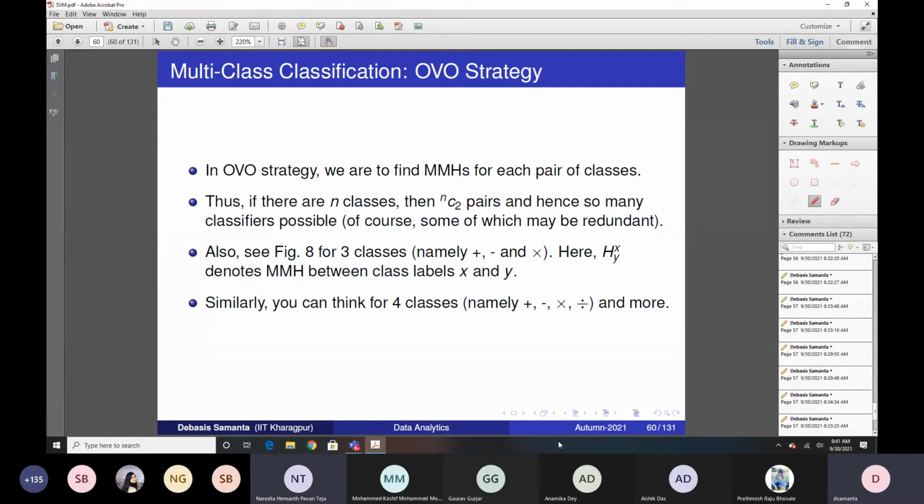For example, delta 1x gives a positive value, and delta 2x and delta 3x both give negative values. If delta 1x gives a positive value, then you can say this is the positive class, and the others will say this should not be considered, negative.